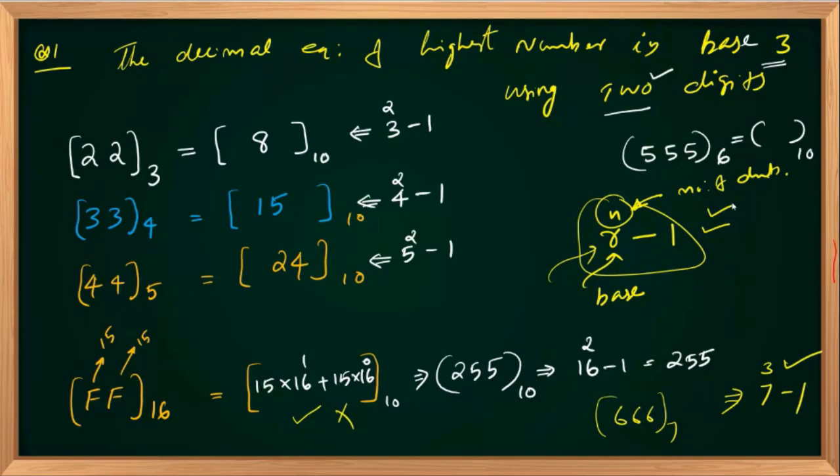What is the decimal equivalent of the highest possible number using n number of digits in base r? That's equal to base r power number of digits minus 1. So please don't forget these 2 points.